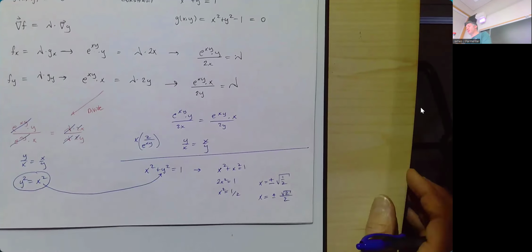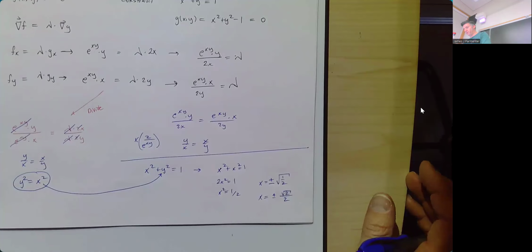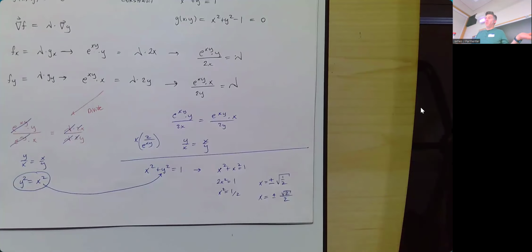Now, here is where we need to be a little bit extra careful. If x is positive root 2 over 2, y could be positive root 2 over 2 or negative root 2 over 2, because y is plus or minus x. I know I didn't write that down anywhere, but look at it this way.